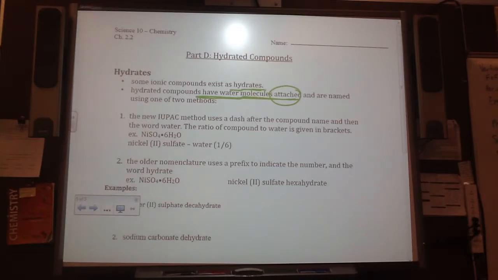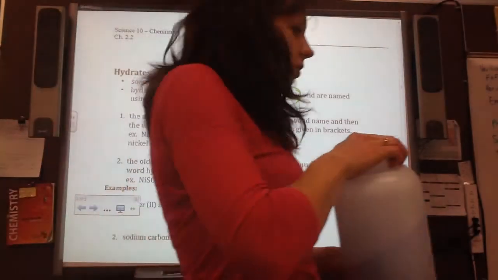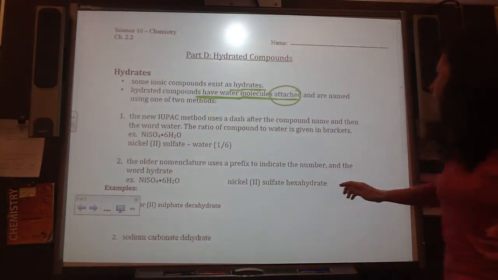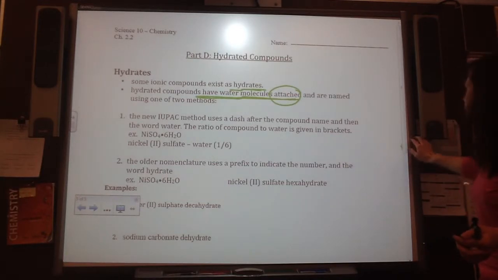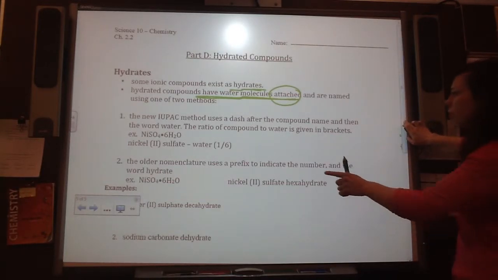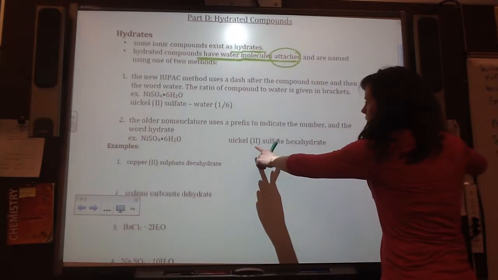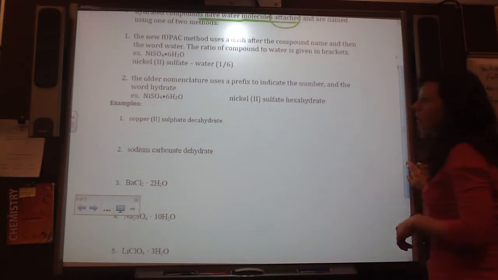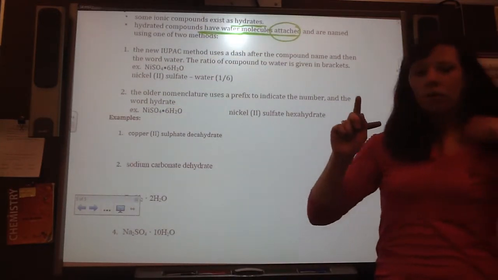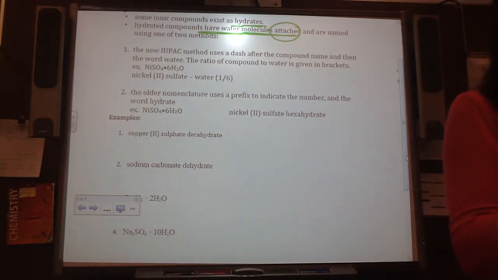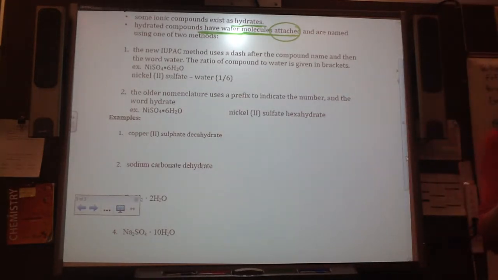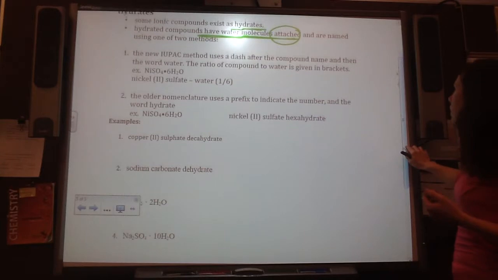Okay. So this is the type of naming that we often use, like nickel 2 sulfate hexahydrate or whatever. Now, I'm going to be doing more prefixes with you guys next week, but I need to tell you about prefixes today.